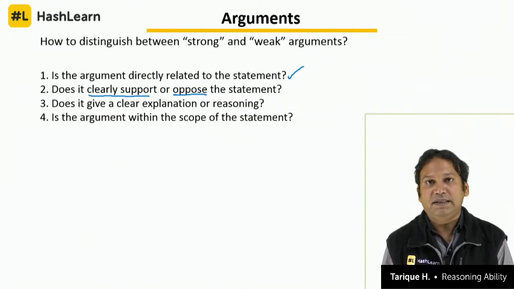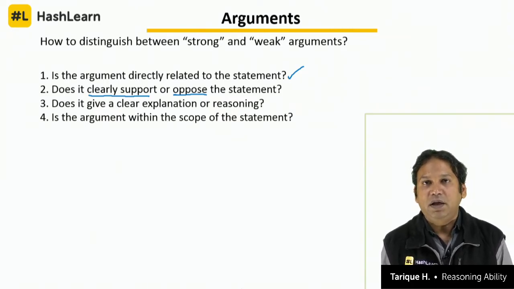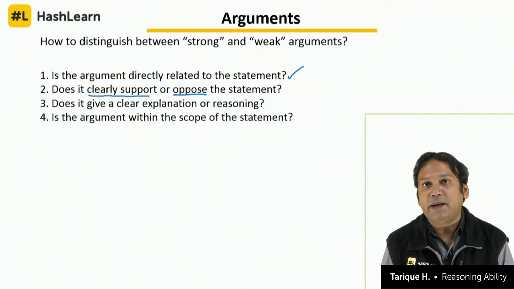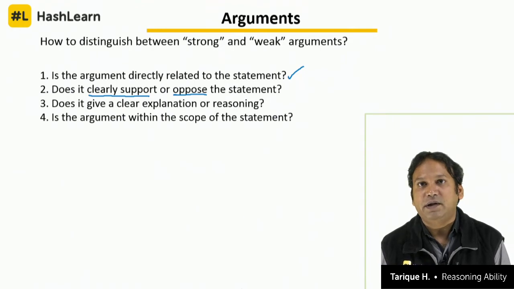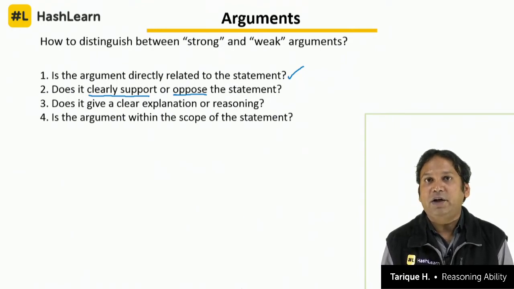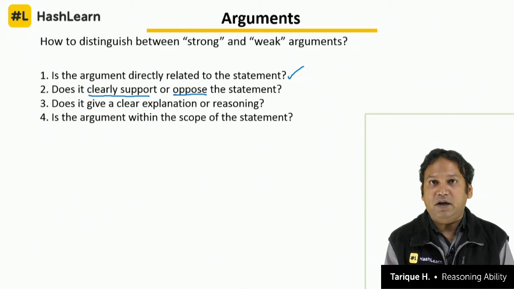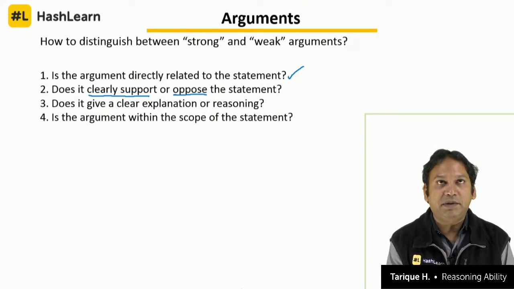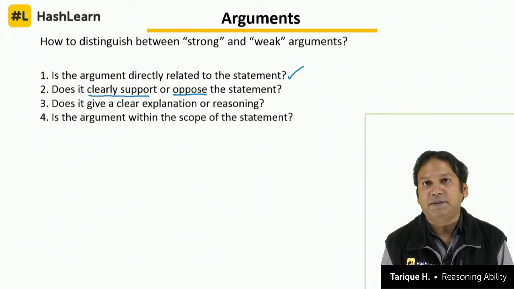We don't know whether the person is saying yes or no. So the answer to an argument question cannot be maybe, perhaps, could be. These are not the kind of answers we are looking for. We are asking something and we want a clear answer, yes or no. Clear? Does the argument clearly support something, or does it clearly oppose something?